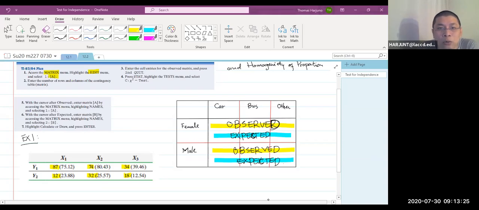So I go to matrix menu. Matrix is here, this one here. And then A. Okay.